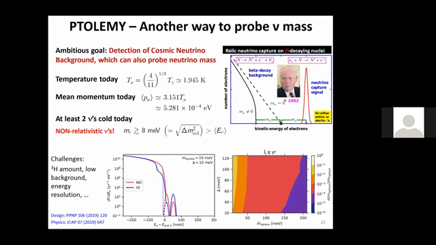In this case, Weinberg proposed a new idea to detect this kind of neutrino by using the capture channel on beta decay nuclei. This is the signal, and this is the beta decay background. So this is kind of a one stone, two birds experiment. It can detect the cosmic neutrino background and also constrain the neutrino mass. And this is the ambitious goal of the PTOLEMY experiment.